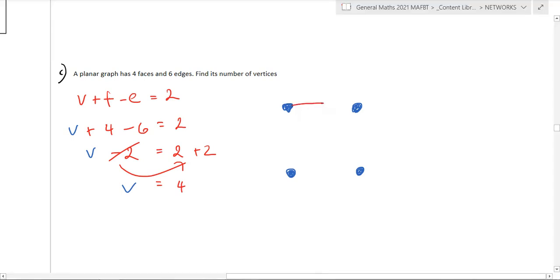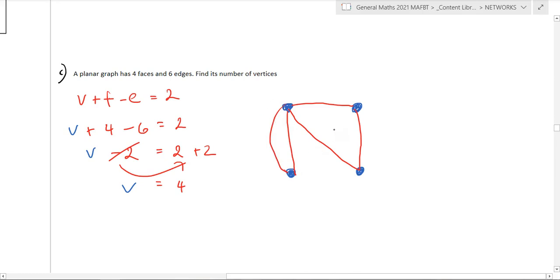So you can go 1, 2, 3, 4, 5. Let's see if I can make this work. This one's tricky. 5, where am I now? 1, 2, 3, 4.